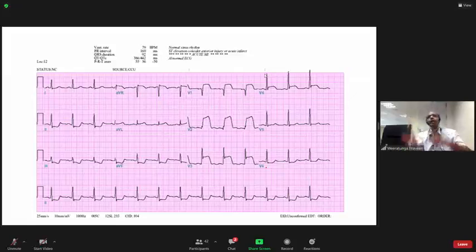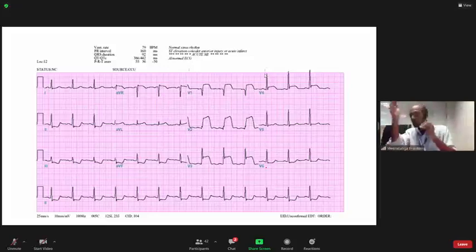Remember I talked to you about lead orientation: V1 to V6 is anterior, 2, 3, aVF is inferior, 1 and aVL is lateral. That's quite important to remember, otherwise you cannot work it out.